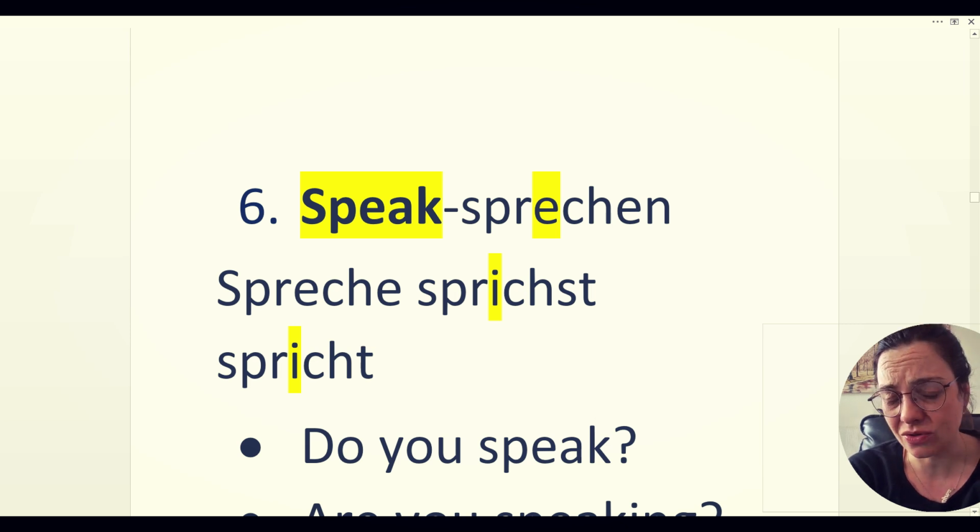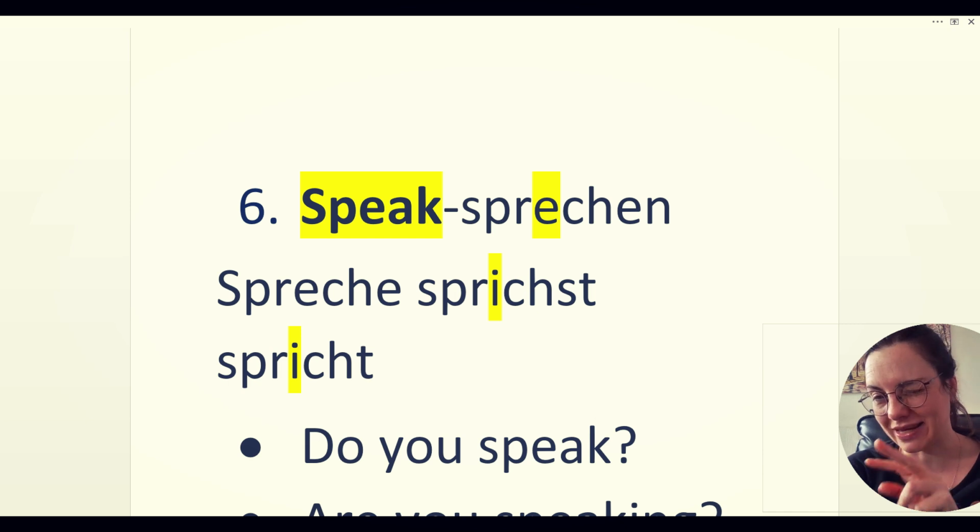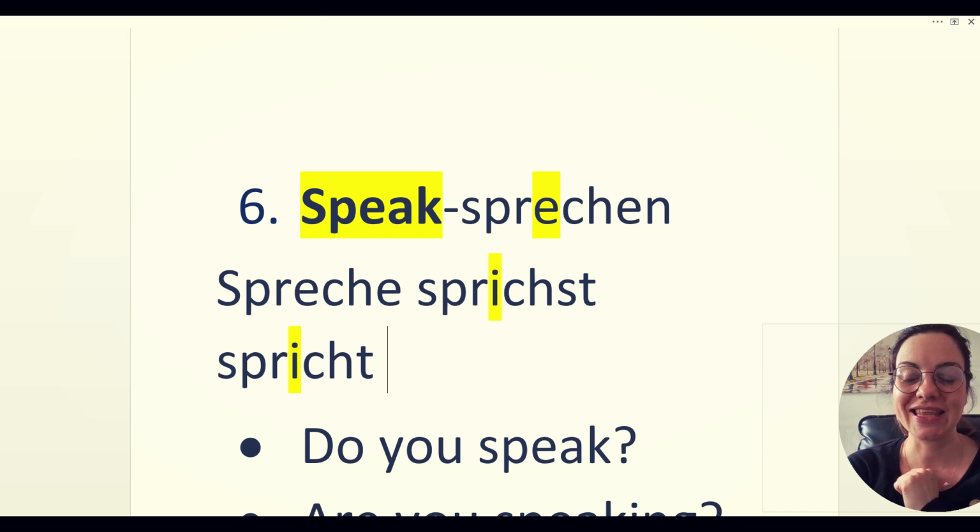And it's always like that. If the verbs are irregular, they are irregular in second and third person. Spreche, sprichst, spricht. Esse, isst. Gebe, gibst, gibt. Nehme, nimmst, nimmt. So it's always the second and third person singular that are irregular in Präsens.